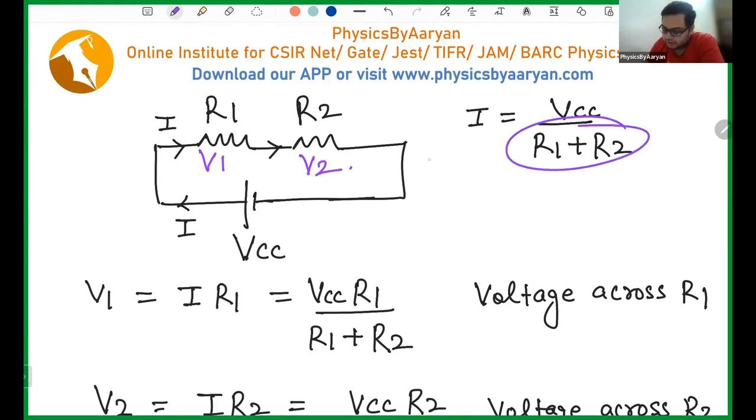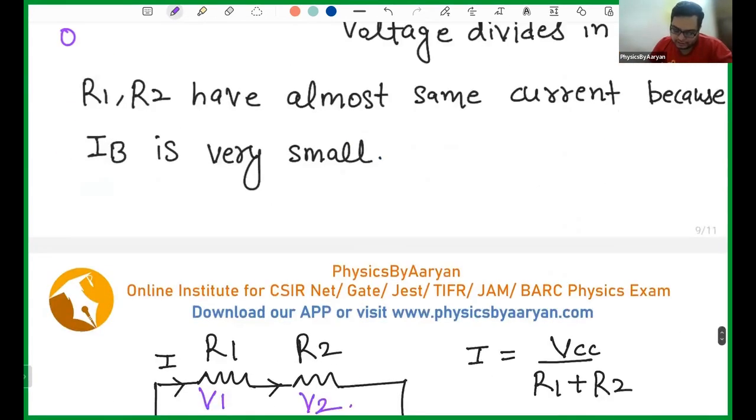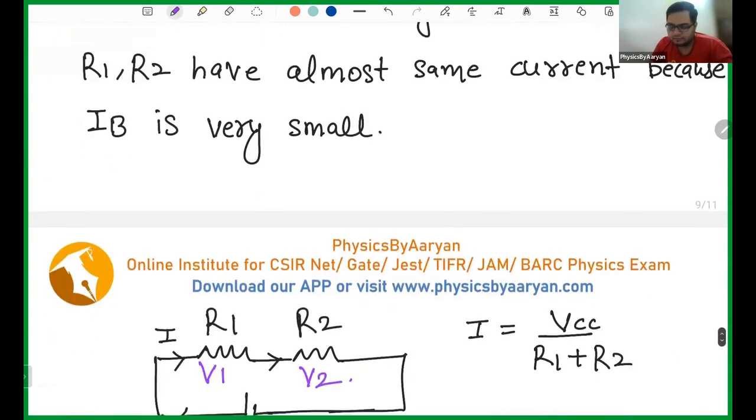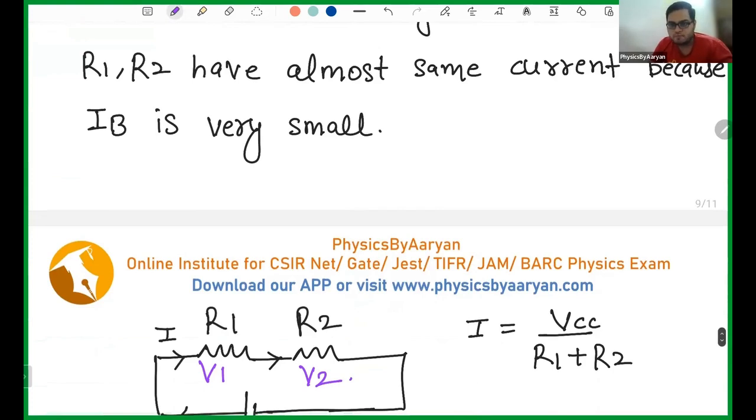So current will be equal to VCC by R1 plus R2. Perfectly fine. So you have found the total current. Current is the same in both, so you have basically found this I1, which is equal to VCC by R1 plus R2.